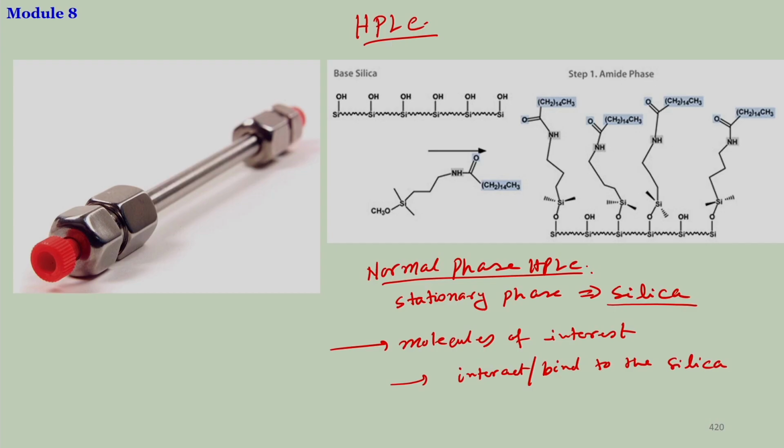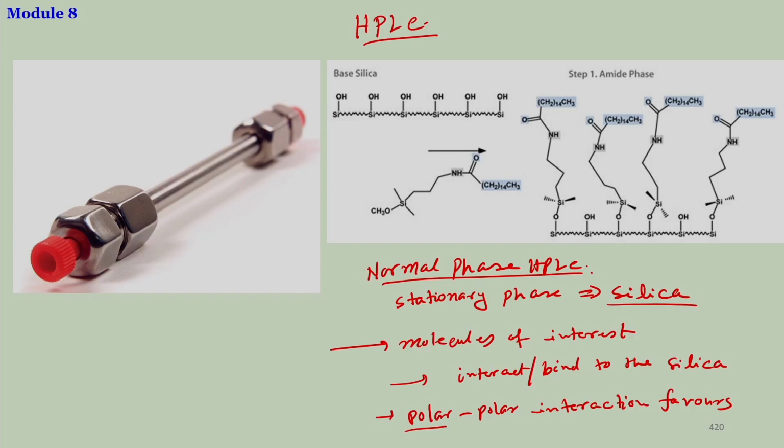Your molecules will go inside the column and will be bound with the silica. Now, since this is polar, if you have a more polar molecule, that will bind stronger with silica. So polar-polar interaction favors it: a more polar molecule will interact strongly with polar silica.